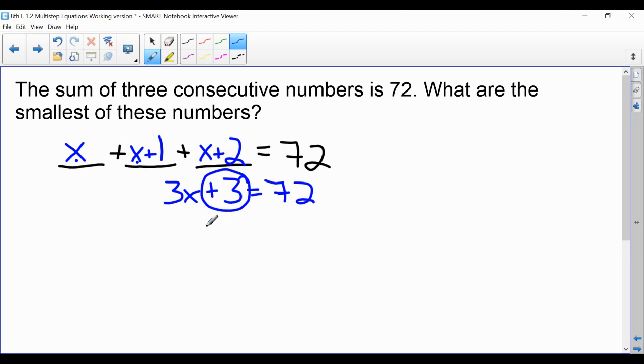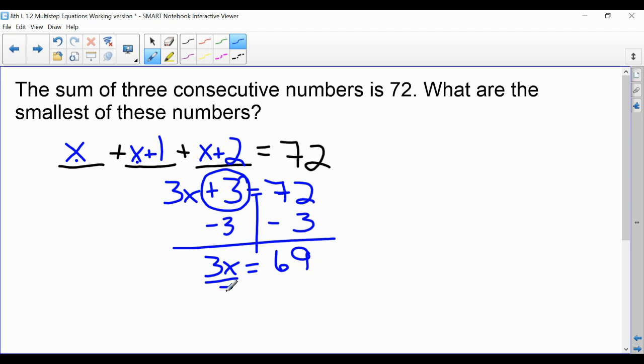Positive 3 is my constant. Underneath, I'm going to do negative 3. I have 3x equals 69. Number next to a letter means multiplication. So I'm going to use division to solve it, and I get x equals 23.